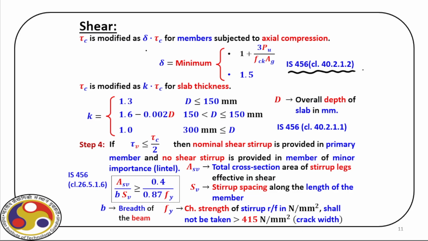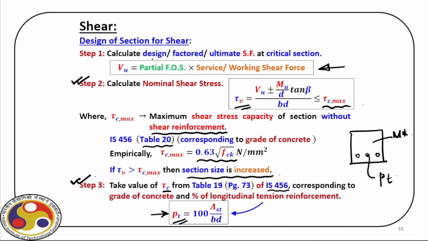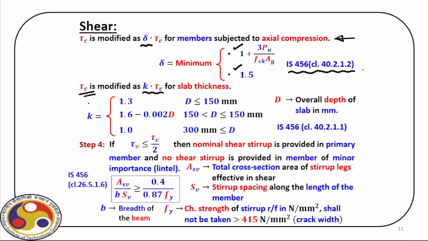Now, for different cases, there is a modification of this tau c. For example, if we have a section with axial compression, then this tau c is modified with a factor delta. Delta is the minimum of these two, as per clause 40.2.1.2. In case of a slab, depending upon the slab thickness, we have a modification factor K, and if we multiply K with the tau c that we have already evaluated from this table 19, we get the actual tau c for this slab.